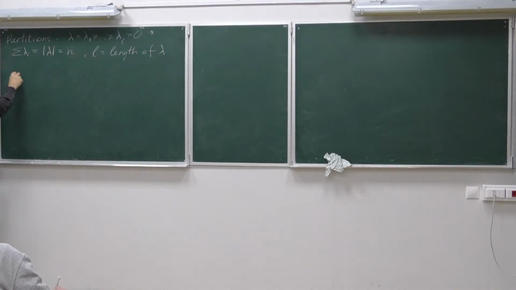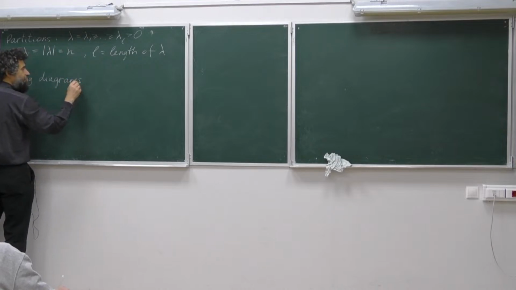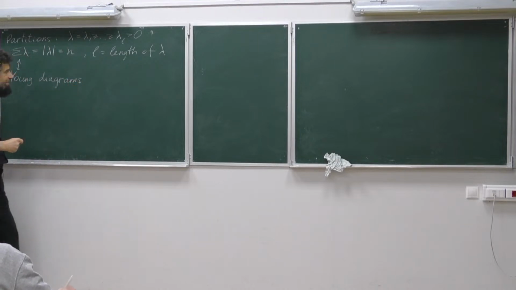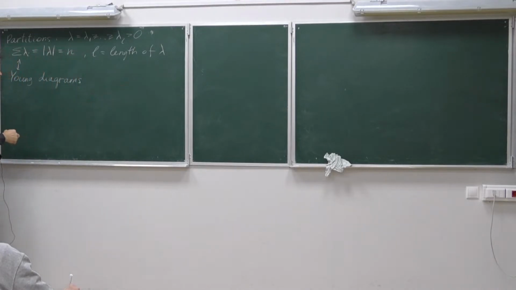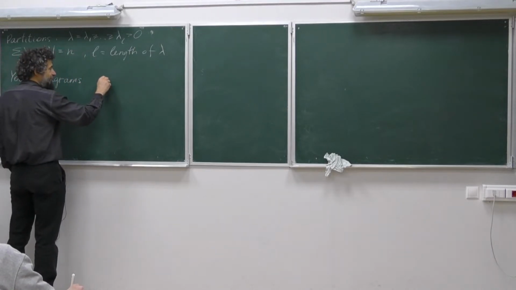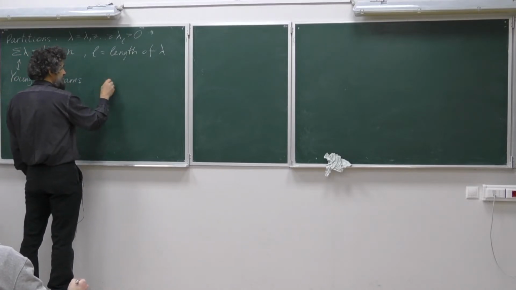And well, this is the same as Young diagrams. But there are at least three common ways to depict Young diagrams, probably called English, French, and Russian. And we will follow Macdonald notation, so probably it's English, I guess.